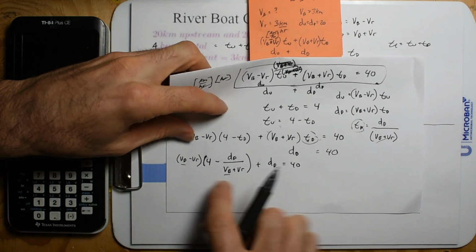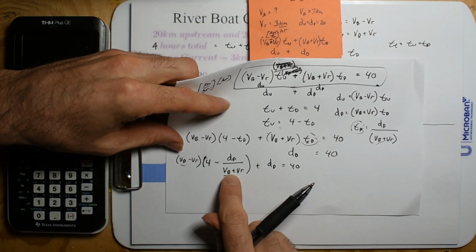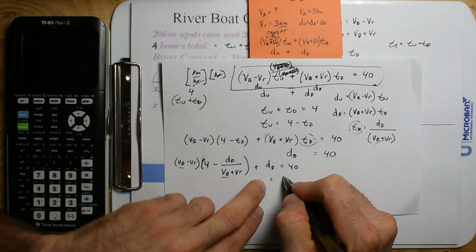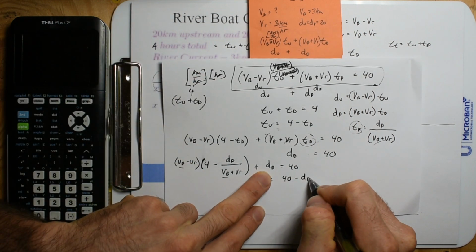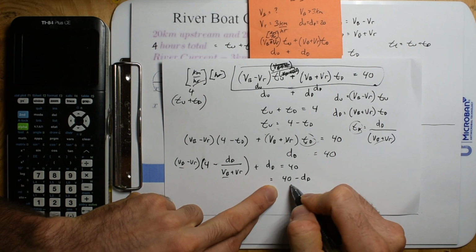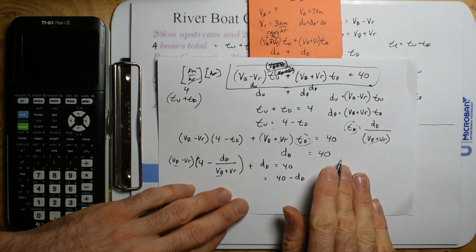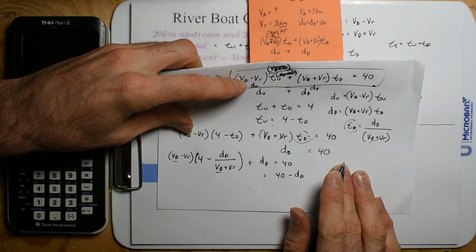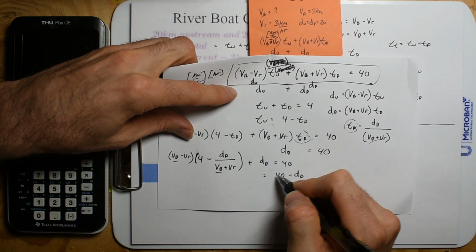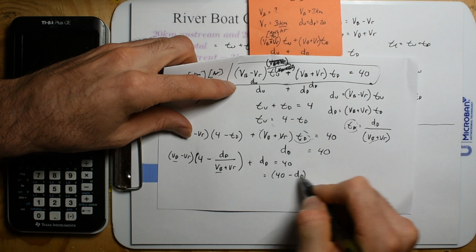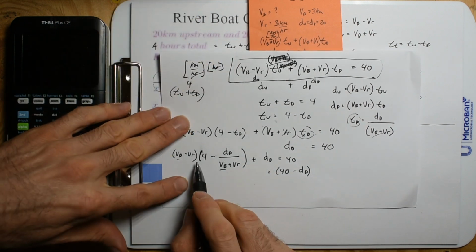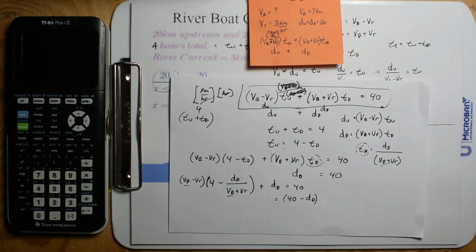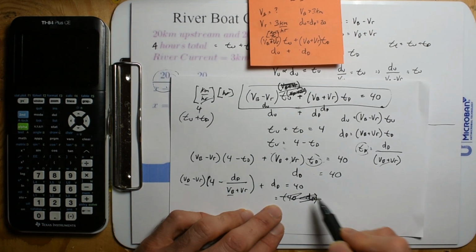I guess at some point we're just going to have to factor things through, but I don't want to do that one. So we're going to say this is 40 minus the distance downstream, and yeah, we'll keep it as is. I don't know, I want to give up on this. All right, let's keep going.